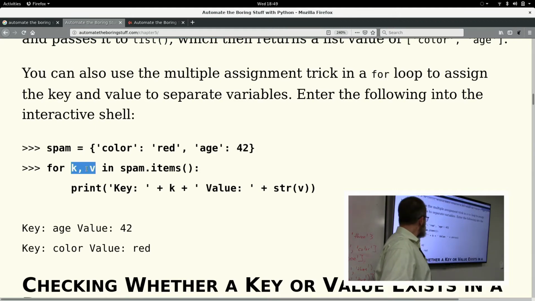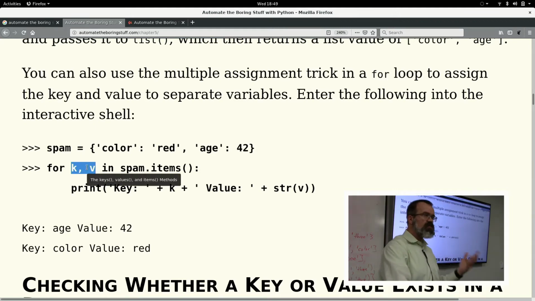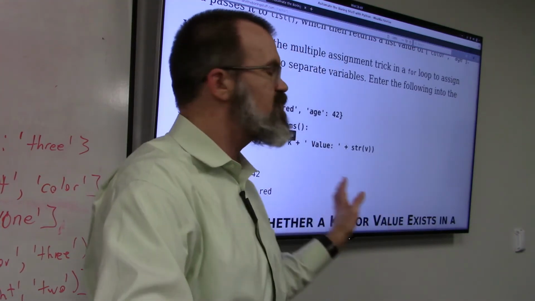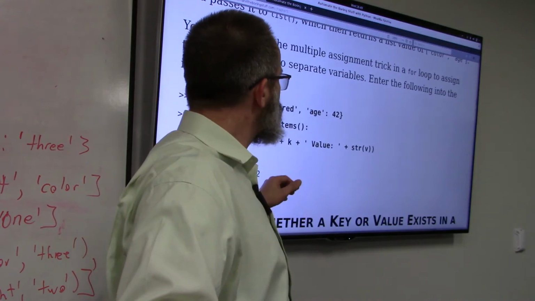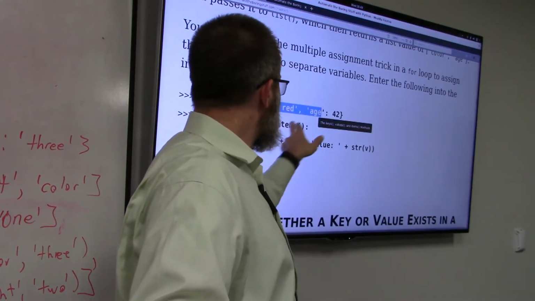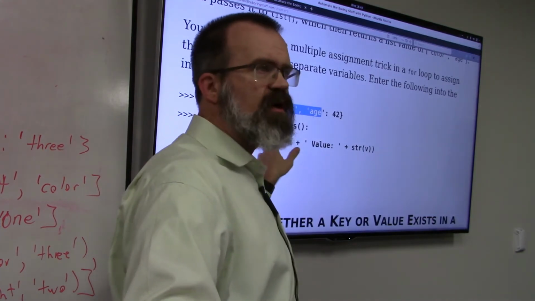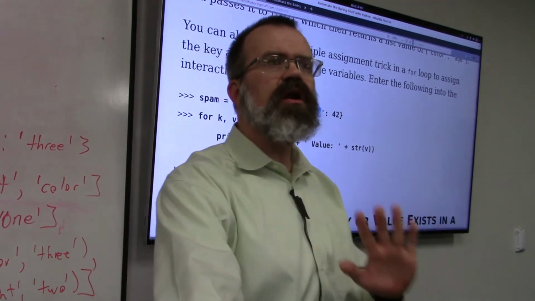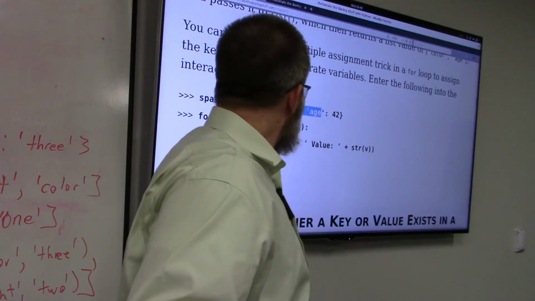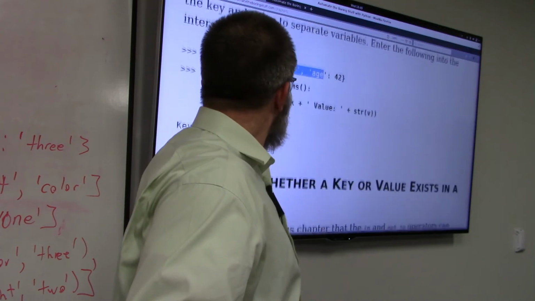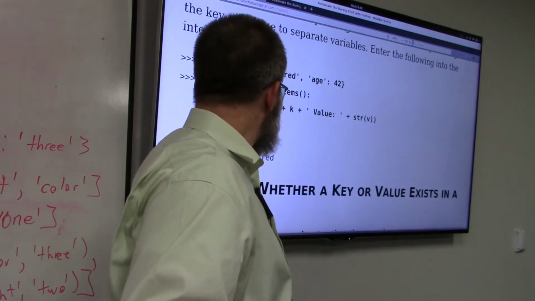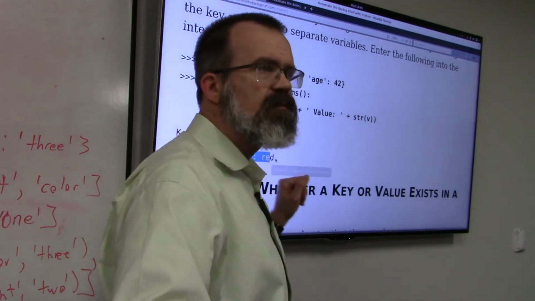And even though multiple assignment looks like you're storing two things at once, it's still a structured two things. It's still the key and value. There would never be some sort of a way to get back red as K and age as 42. Dictionaries are not some fancy syntax for lists. Okay, and so here we are, and sure enough, it did print out the age first in this example, and then the color second.